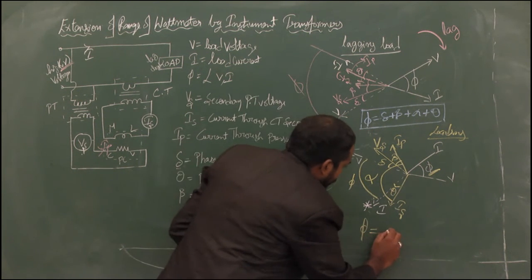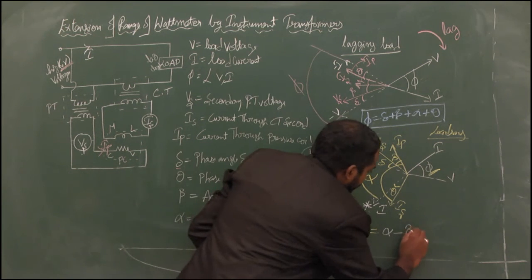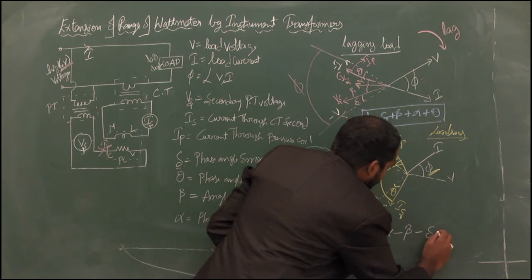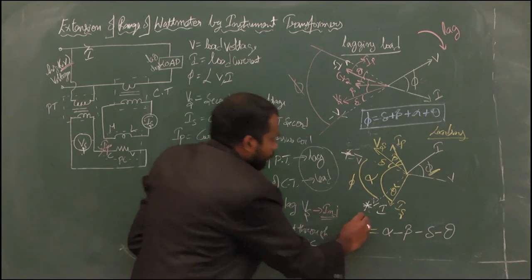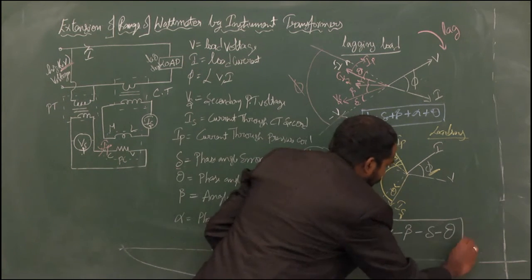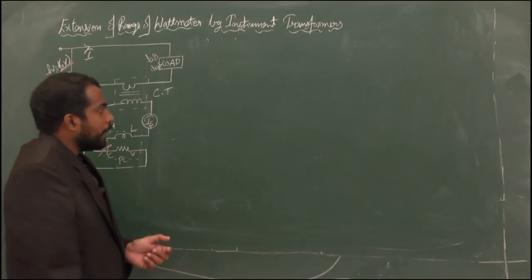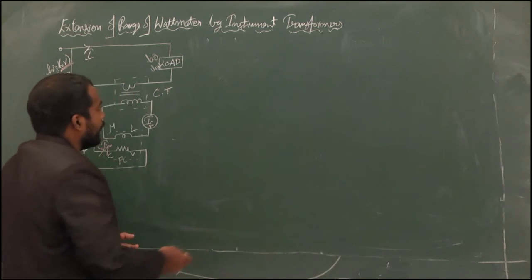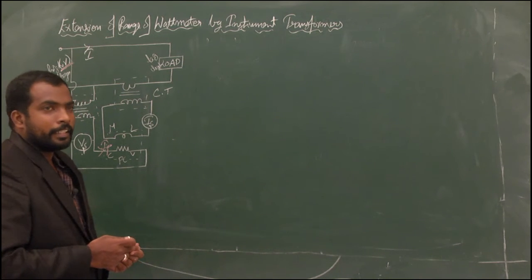So if you subtract alpha minus beta minus delta minus theta, then you get the value of phi, where phi is the phase angle difference between voltage and current. In the previous session, we calculated the value of phi for both lagging and leading loads.